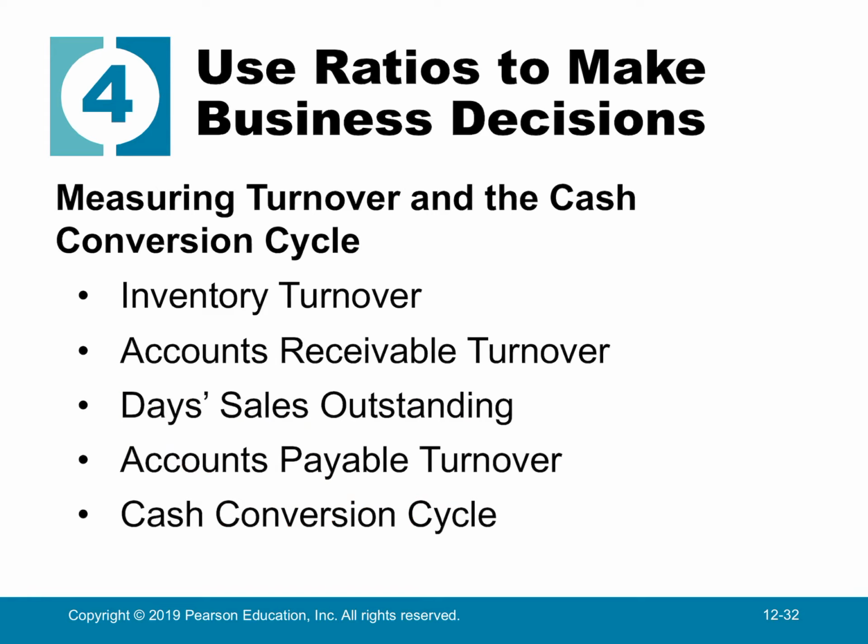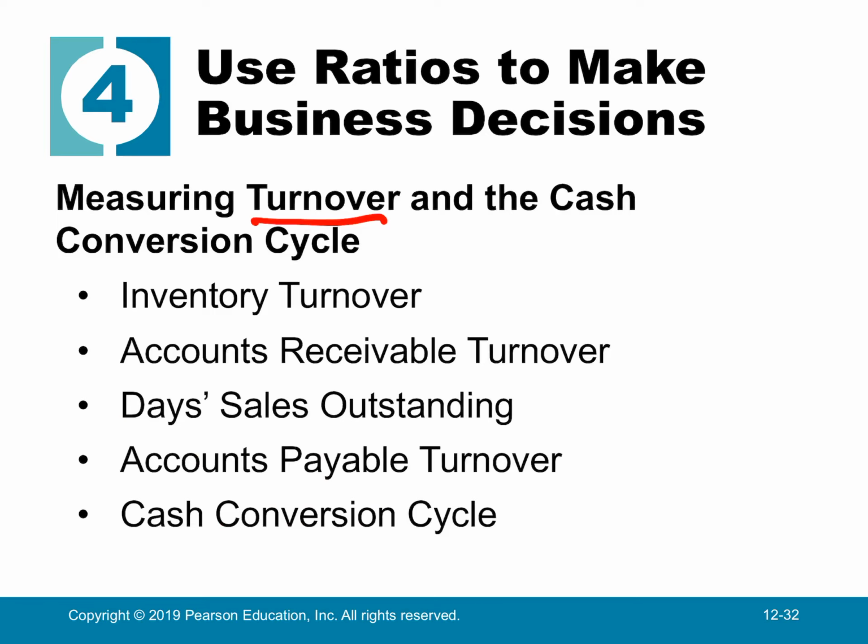Finally, not finally, but the next one, we did a bunch of turnover calculations. Remember, the turnover ratio is always a little hard to interpret. It's like, how many times have I purchased my average inventory when I compare it to cost of goods sold? Again, it's not very intuitive.